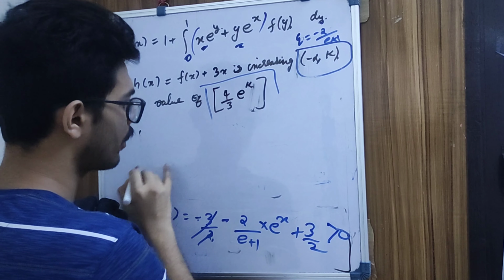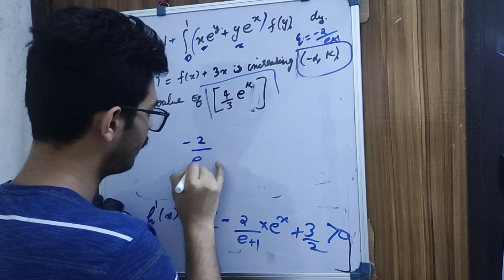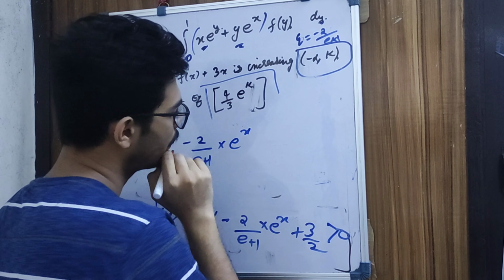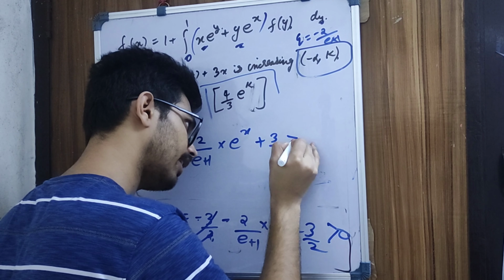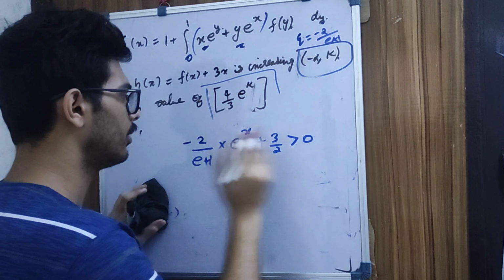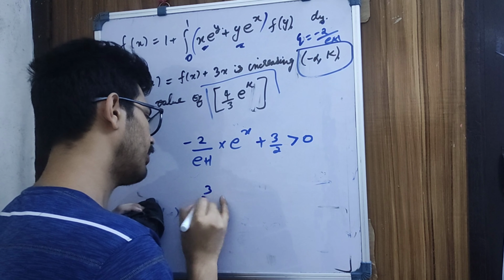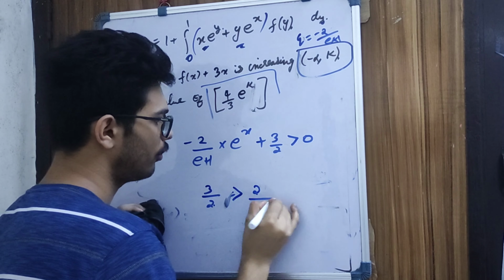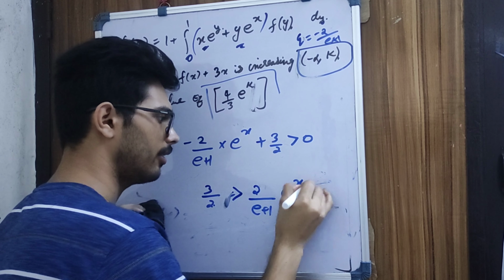So we have minus 2 by e plus 1 into e raised to x plus 3 by 2 greater than 0. So we are taking this negative term to this side, which will be equal to 3 by 2 greater than 2 by e plus 1 into e raised to x.